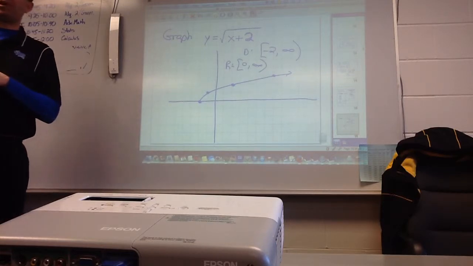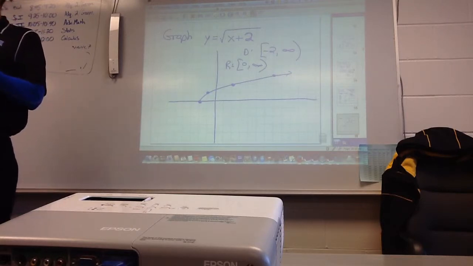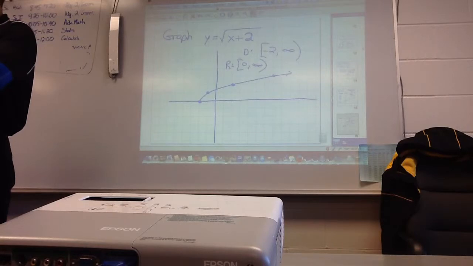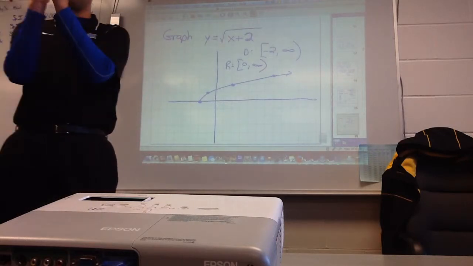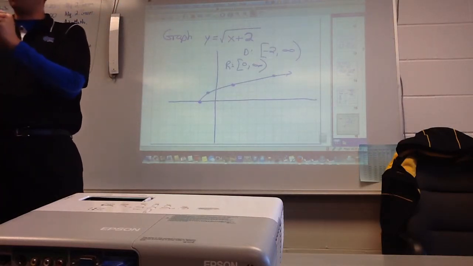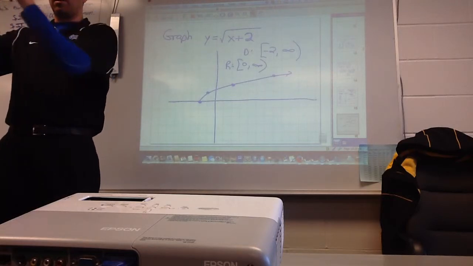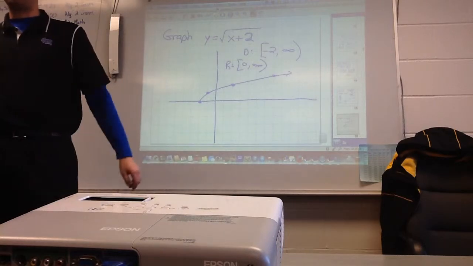Really, it's the exact same graph. It's just been shifted where? 2 to the left. This should start to relate to some things we've done in the past. Remember the absolute value graphs that shift left, right, up, and down? Remember how a plus 2 inside the absolute value bars shifts it left 2? Same concept.